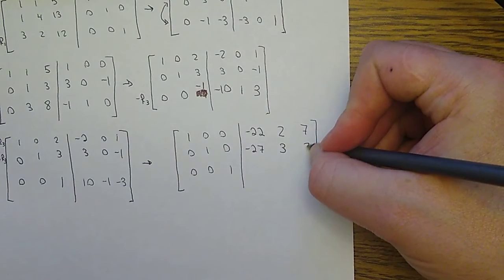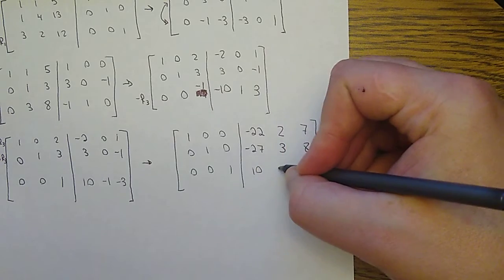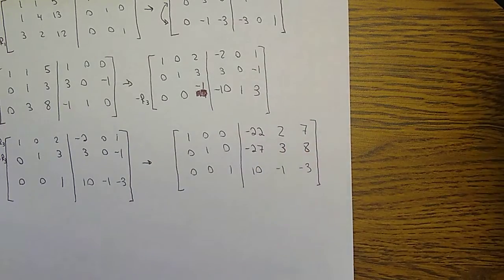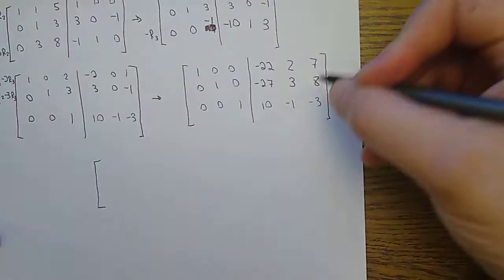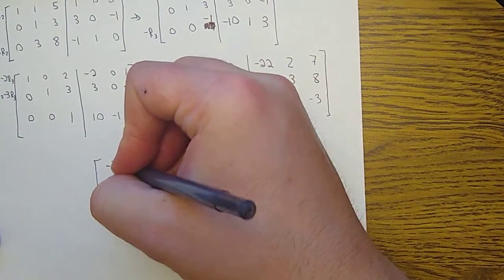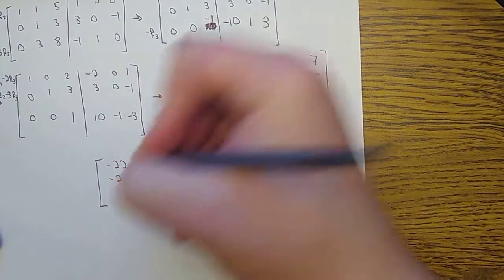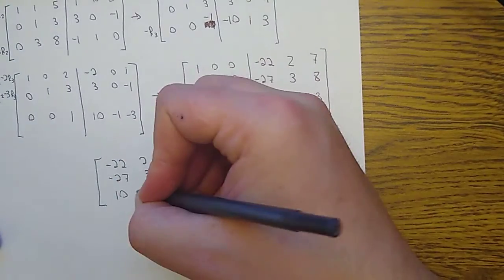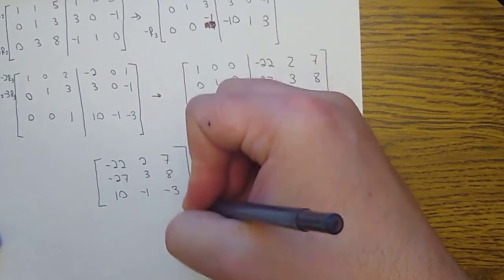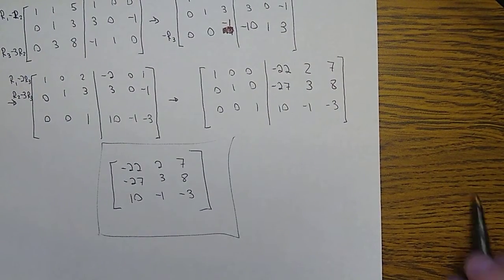Negative 1 plus 9. And then this doesn't change. So we're done. I just have to put my answer, and this is it. So there we go, a 3 by 3 inverse.